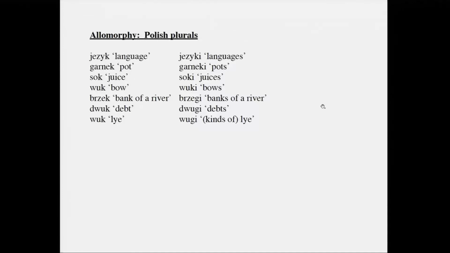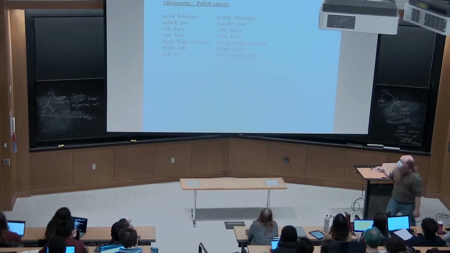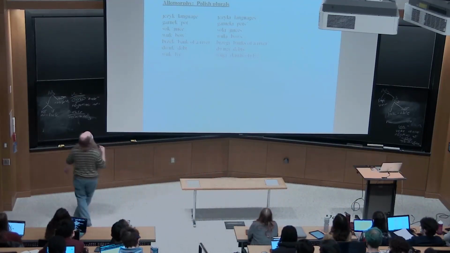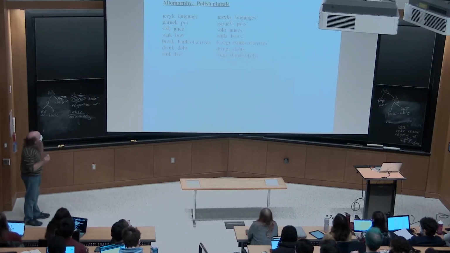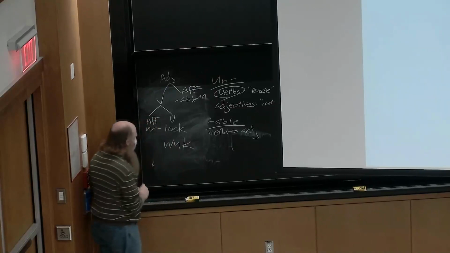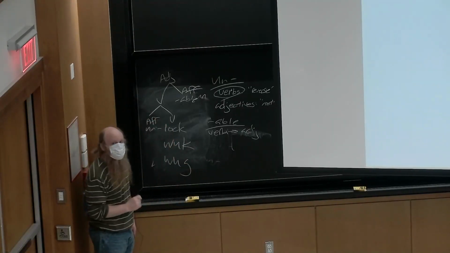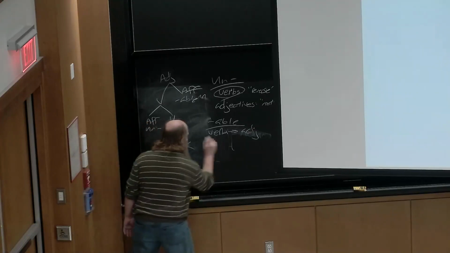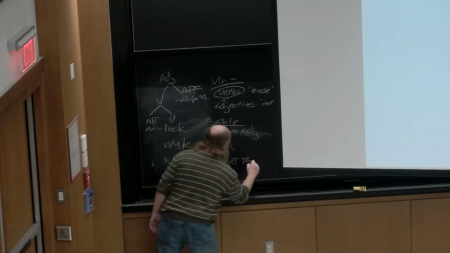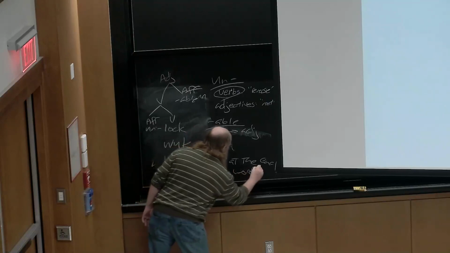If you have a G at the end of a word, turn it into a K. So if we're making the lexicon for Polish, what we want is for the word for bow to be in the lexicon wook, and for the word for lie to be in the lexicon woog. And then the plural suffix is E, and there's a general rule, G at the end of a word becomes K.